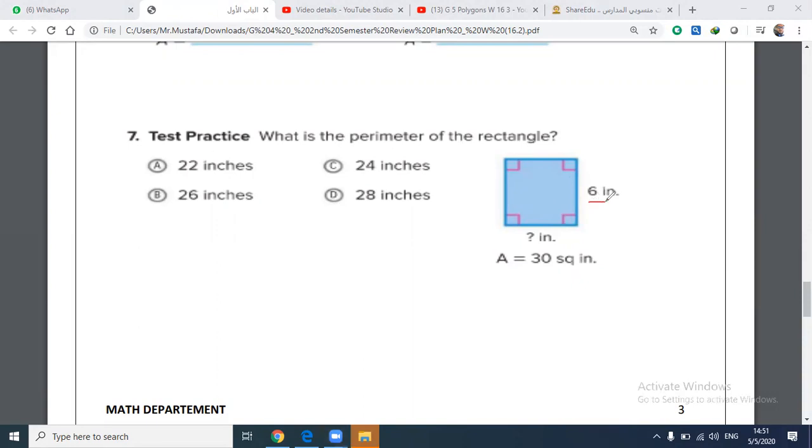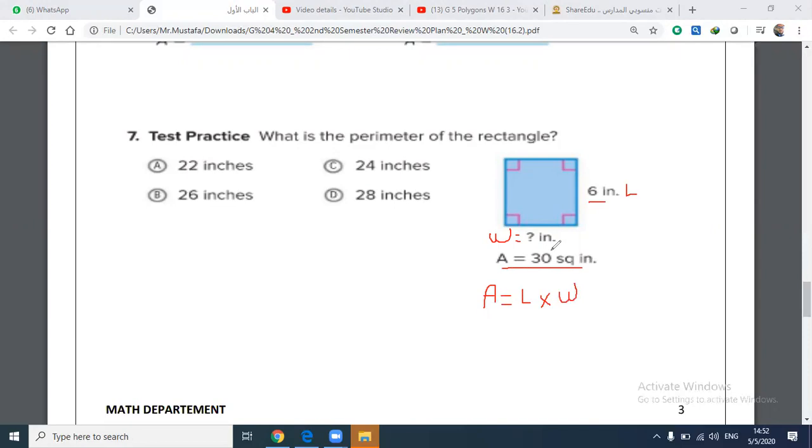Only one dimension. Consider this one width or length as you like. If this is length, what is the width? I don't know the width. It gives us a question mark. But what is given is the area. Here I can write: area of a rectangle equals length times width, right? Okay, Muhammad.